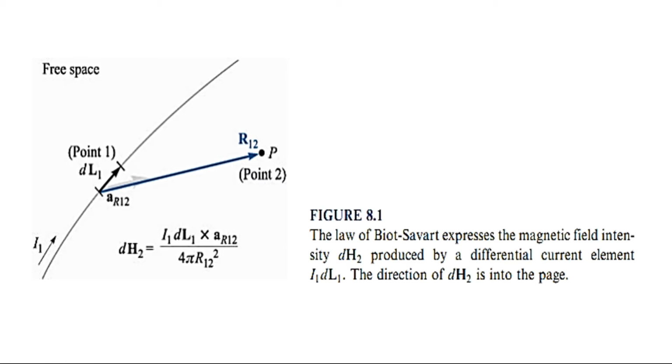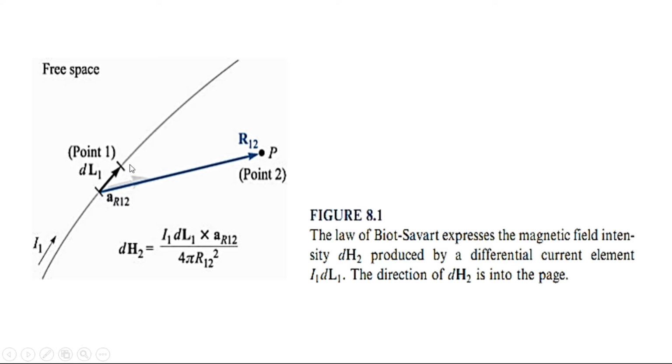According to Biot-Savart law, the magnetic field intensity at point P is directly proportional to the product of the current, the magnitude of the differential current element dl, and the sine of the angle lying between the differential current element and the line joining the differential current element and the point P at which we want to find the magnetic field intensity.